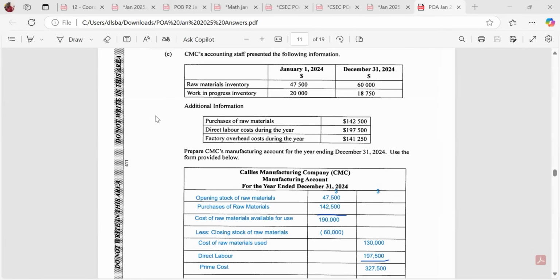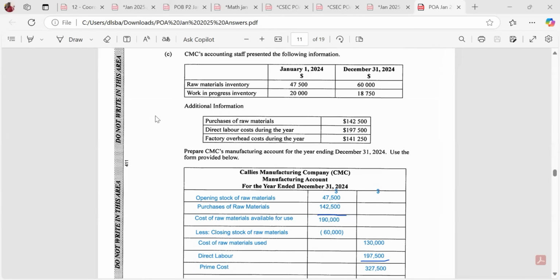So manufacturing accounts are prepared for companies that make their goods instead of sell them, right? So instead of using purchases, because you're not buying to sell over, you're making the goods, you have to calculate the production costs. And the production costs is all of your direct costs plus all your indirect costs. Simple as that, right?